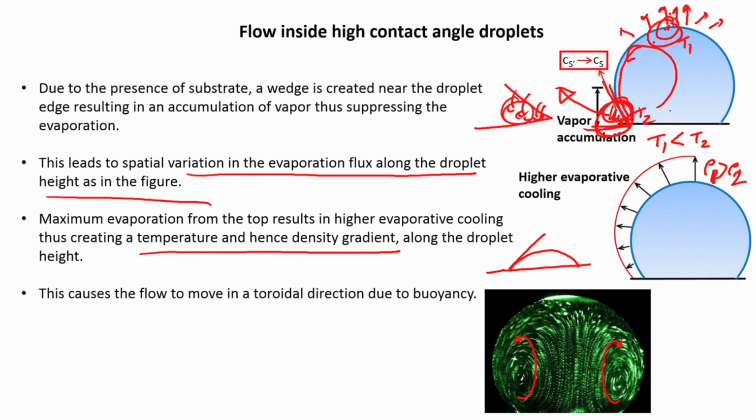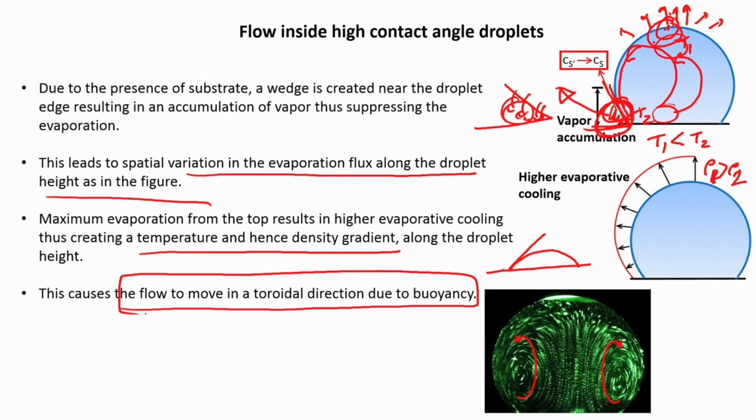Because of that, here it is a lighter fluid, here it is a denser fluid, immediately it goes and follows that recirculation pattern. This causes the flow to go into a toroidal direction due to buoyancy, as you can see in this picture, it is very clearly evident that that is what happens. Okay. Now, if the temperature distribution is too high, for example, there can also be Marangoni related stress.